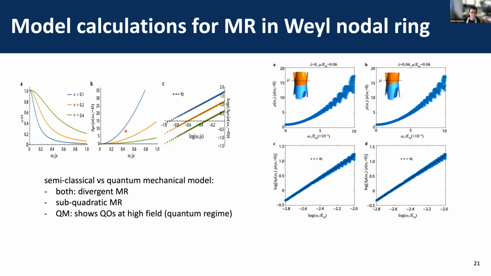But what you can observe is that calculations for just a binodal ring system show this quadratic dependence of the magnetoresistance at low field in both these models, and non-saturating. Furthermore, the quantum mechanical model shows these quantum oscillations in high field, or as the system enters the quantum regime.